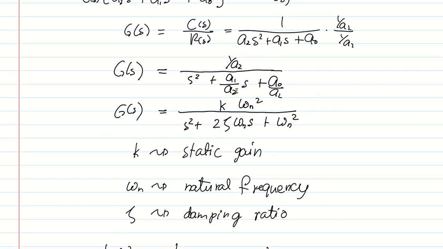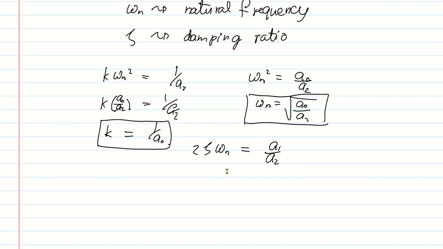Then we already know omega n is equal to the square root of that. And we can now solve for zeta, or the damping ratio. This will be equal to a1 over 2 times omega n times a2.